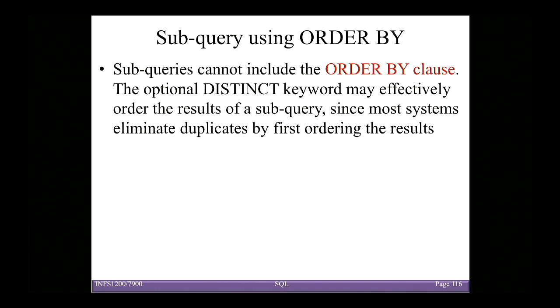How does it know if it has duplicates? Most systems will order it, and then based on the order, if 2 things are similar, it's going to delete one of them. So you can use distinct, and most of the time that will order things for you, but the database management system does not guarantee that. So you can kind of count on it, but it's not 100%.